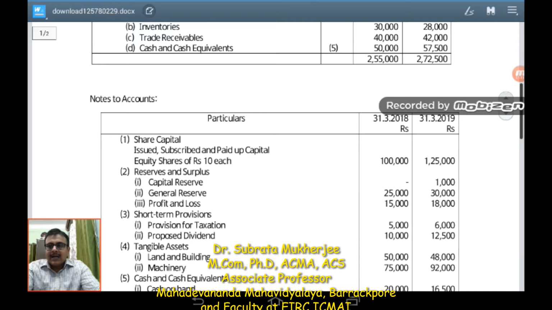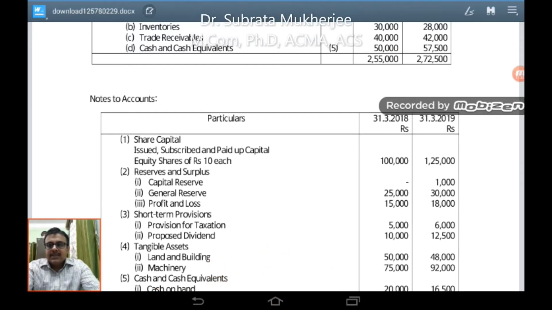The notes to accounts is given. In share capital, you have only the equity share capital of 1 lakh and 1,25,000. Under reserve and surplus, you have capital reserve nil and 1,000, general reserve 25,000 and 30,000, profit and loss 15,000 and 18,000.